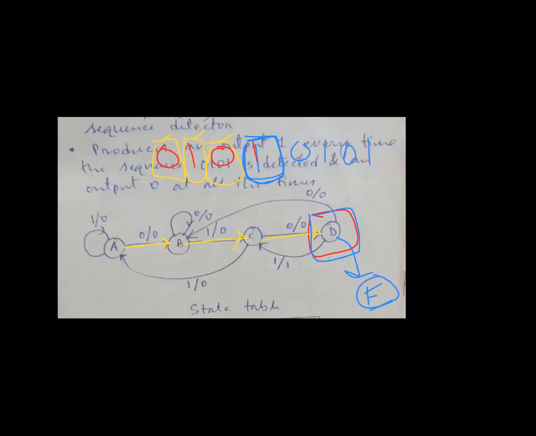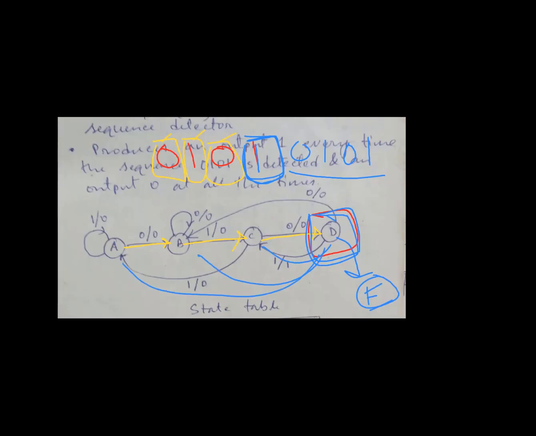That is, your sequence can repeat. So a sequence completing means the sequence can repeat. That's why you should try to make a loop back or feed forward path. So from D, the feed forward path may be to C, maybe to B, maybe to A.